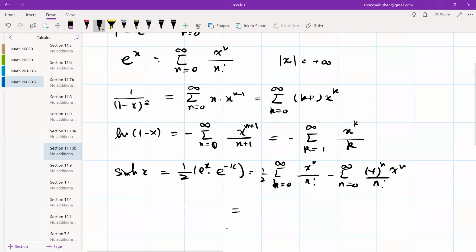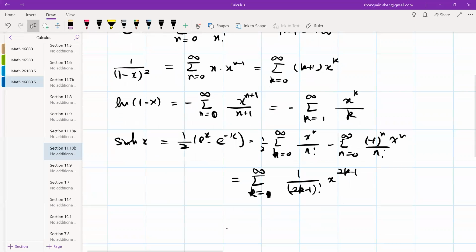So n equals 2k minus 1, with k starting from 1, and you get x to the 2k minus 1. So that's the formula we get after you combine the two terms.